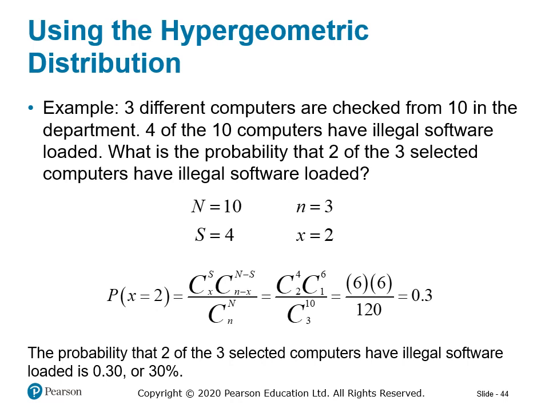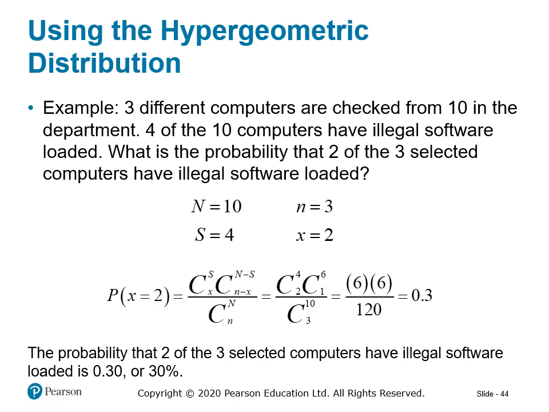What's the probability that 2 have the illegal software, knowing that in the population the probability is 0.4 or 4 out of 10. So here the population is 10, the sample size is 3, the number of successes, illegal, is 4, and x is 2. So I do it.